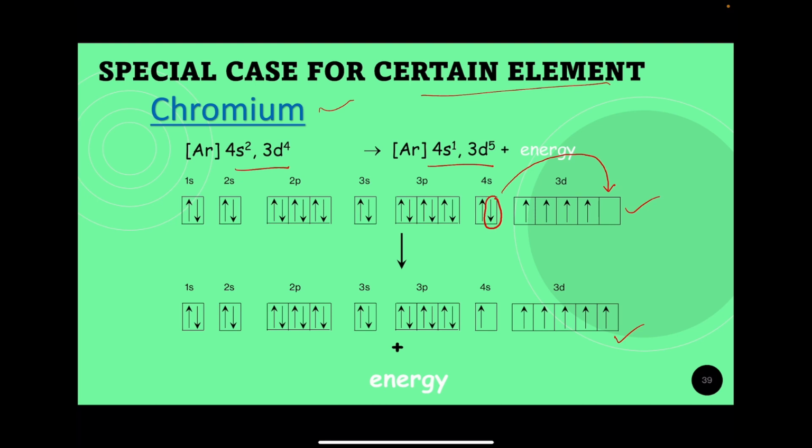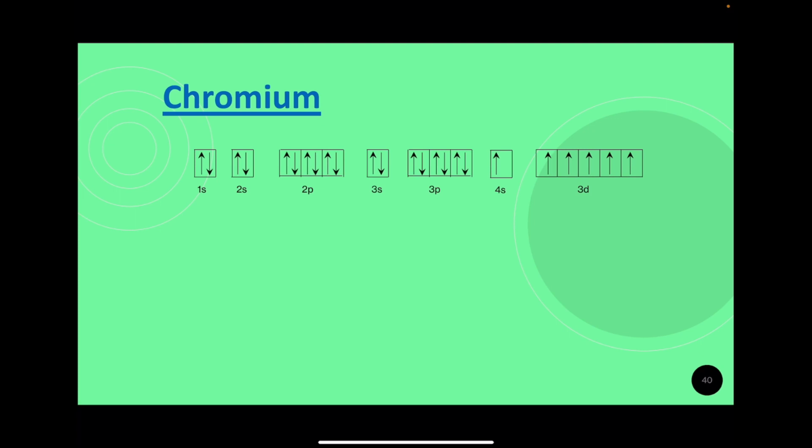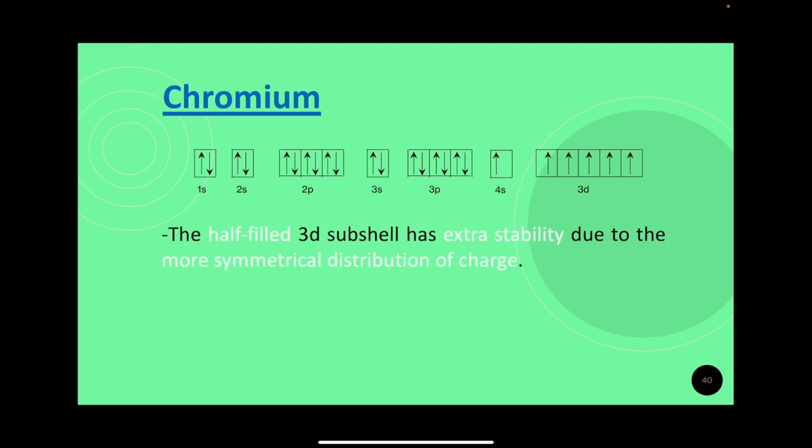since it already does the rearrangement of electrons between the s orbital and 3d orbital. So why does this happen? Why does chromium have a special case in the way to write down the electron configuration and to draw the orbital diagram? This is because in chromium, the electron is rearranged between 4s and 3d in order to achieve the half-filled orbital.